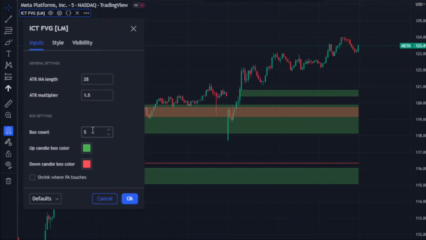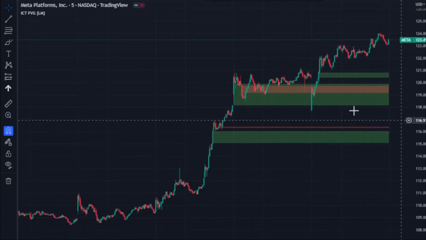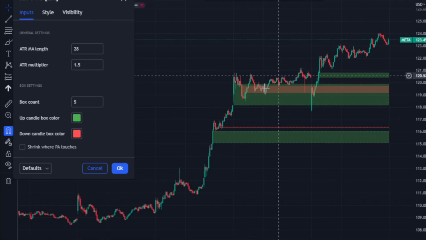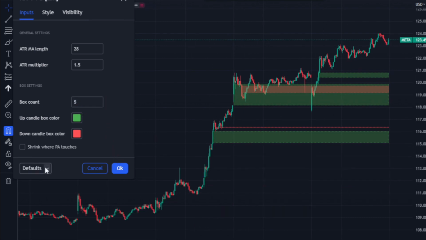This helps us to know the last gaps that the market has had. In this case it says 5, so it will show us the last 5 fair value gaps that the market has had. If we modify it to 10, it will show us the last 10 gaps, as I am showing you. This will depend on how you want to create your strategy, and how you like it. In this video we leave it on default because that's how it works well.